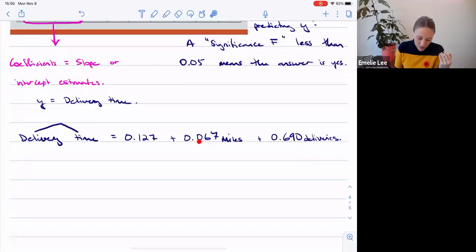But we can talk about the slope 0.067. That's the expected increase in the predicted value of the delivery time for each additional mile, assuming that the number of deliveries is held steady, right?